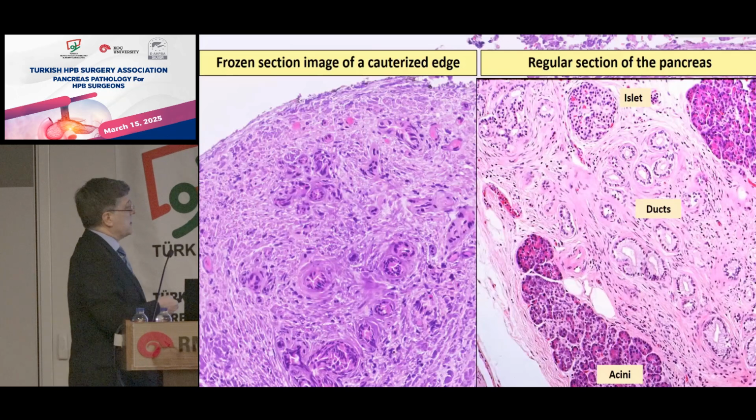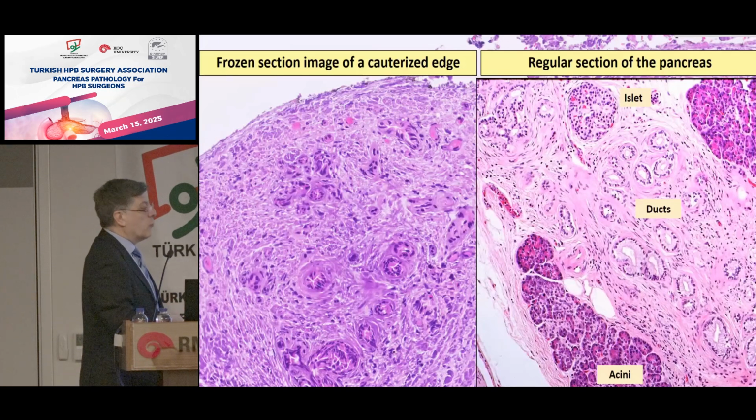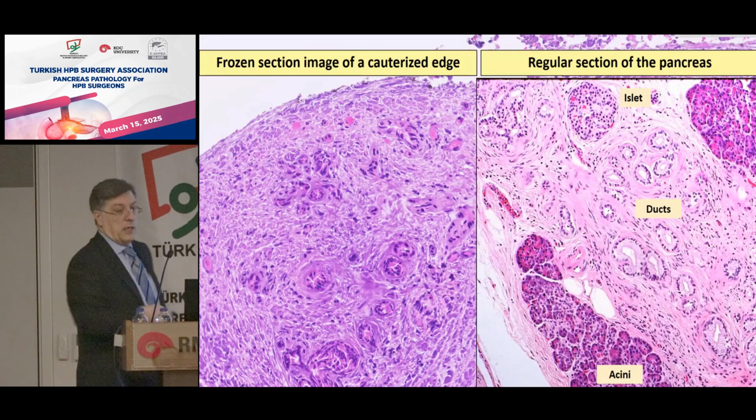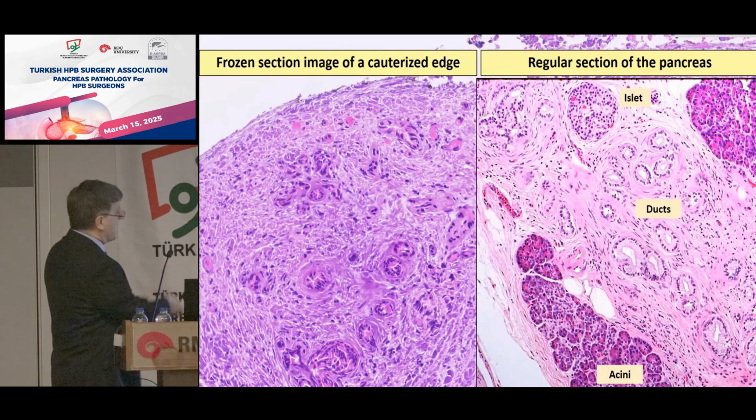Frozen sections, this is actually reflecting our reality about frozen section versus a conventional section. Look at this, we can tell islets. Most of you who have looked at some pictures, I'm sure can tell this is an islet of Langerhans. These are acinar cells, these are ducts, beautiful. That's what a pancreas looks like. That's what a frozen section of the pancreas looks like.